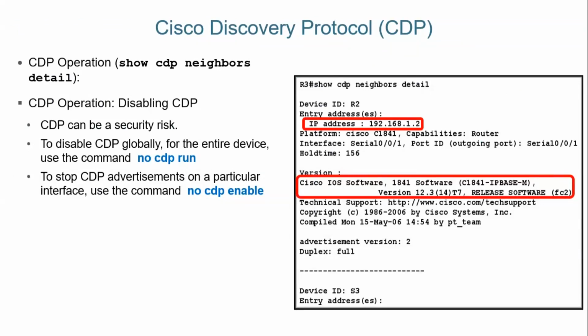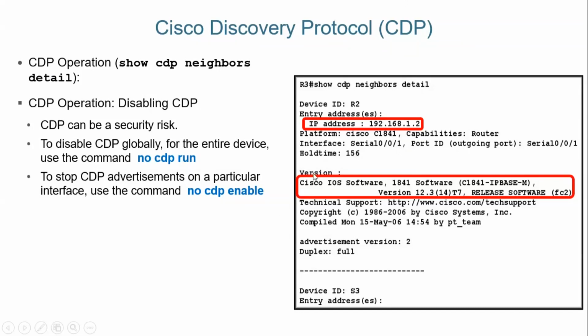So this is an example of show CDP neighbors detail. So it gives you a more detailed version of your neighbor. So again, the device ID is R2. The address is 192.168.1.2. This is a Cisco 1841 router. Okay, the interface is 0/0/1. The port ID is 0/0/1.